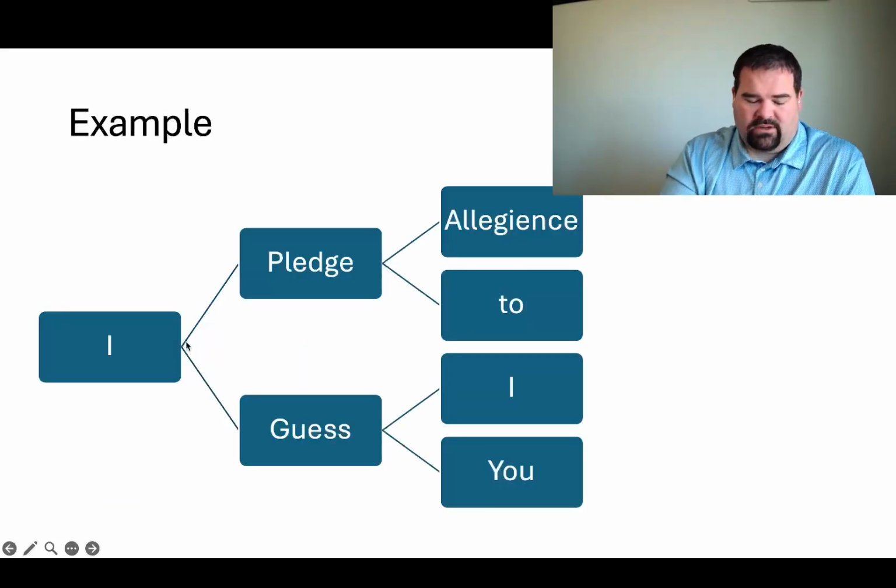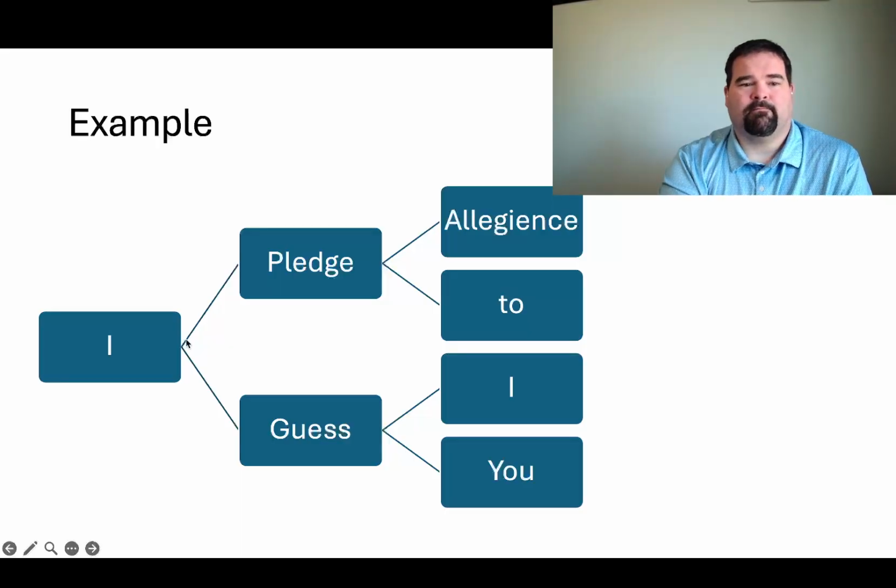So, what do I mean by next word predictor? Every word has many different branches where it could be going. I could just feed you the word I, and you might think, pledge, I pledge, or I guess, might be coming out of my mouth next, or 10 million different things after I. So if I go, I pledge allegiance, you're going to be thinking that I might be starting, I pledge allegiance to the flag.